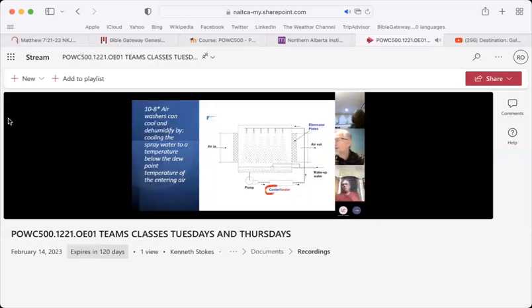Cool and dehumidify. So if we have cooling action going on here, this is cold water being sprayed. Cooling of air will reduce relative humidity. And that's how we can use an air washer to dehumidify.